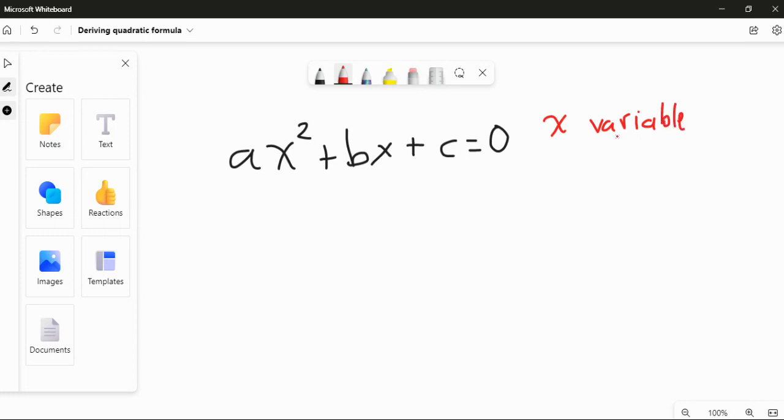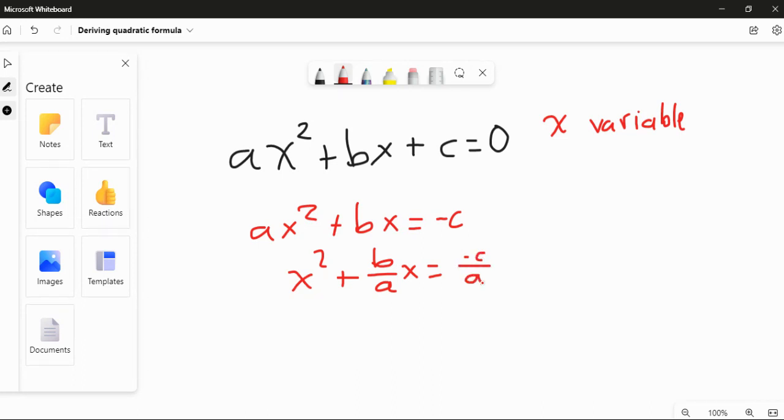So the first step could be to subtract c on both sides, and then we'll end up with an equation that looks like this: ax squared plus bx is equal to negative c, since the 0 has no value, so it will just be negative c. Then we can divide both sides by a, so that our a value will just be 1. So then you end up with x squared plus b over a x is equal to negative c over a.